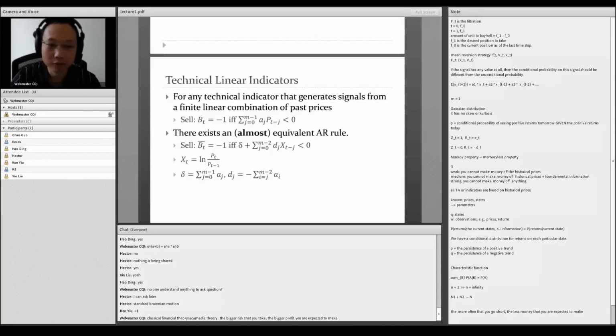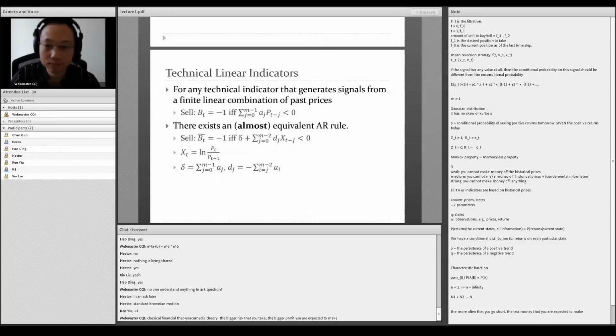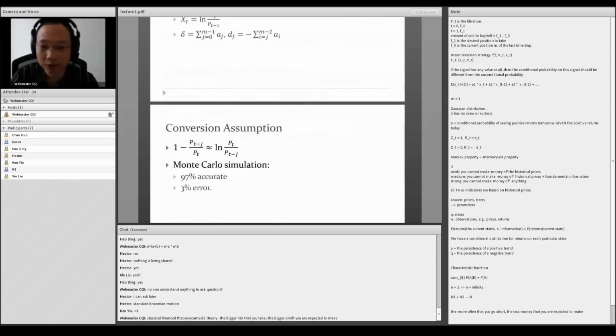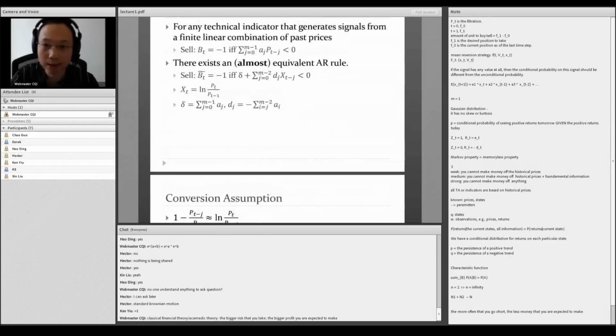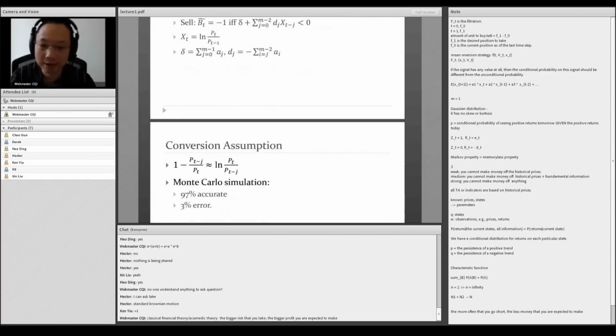And Monte Carlo simulation shows that these two rules, whether in price or in returns, are more or less the same. Like 97% of the time, these two rules generate the same trading signals. The 3% error comes from approximation. Using log return is just approximating this. They're not exactly identical, so that's why sometimes they could generate slightly different trading signals.